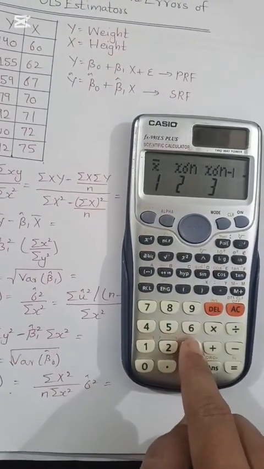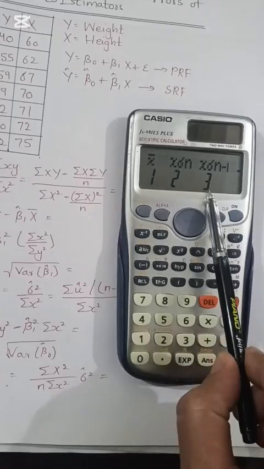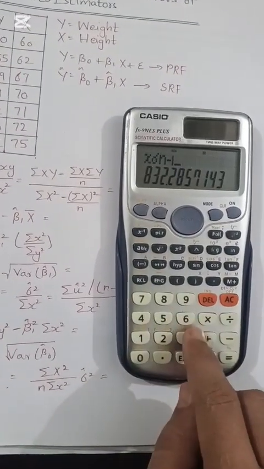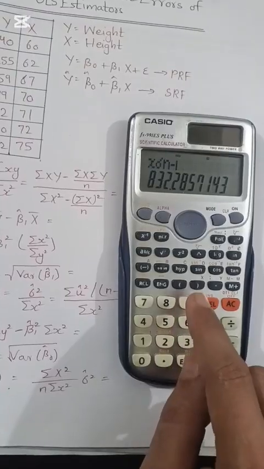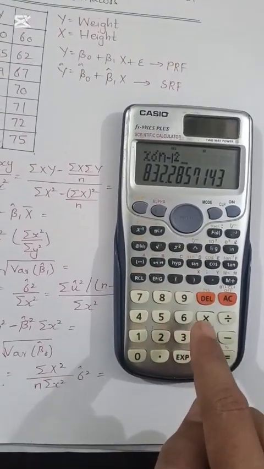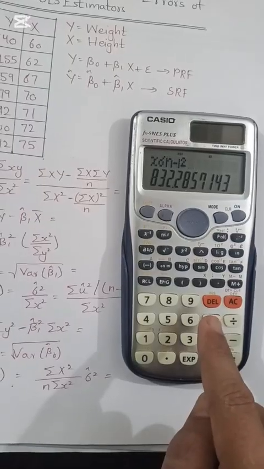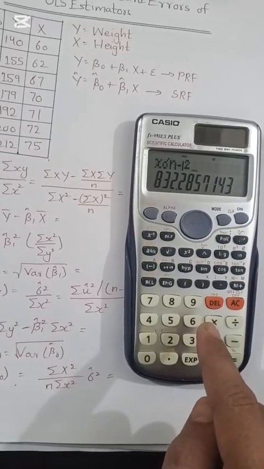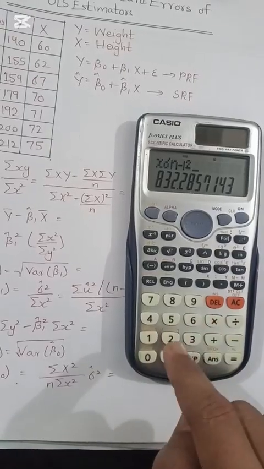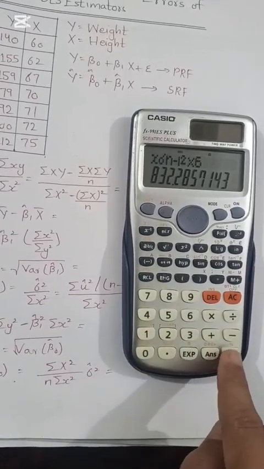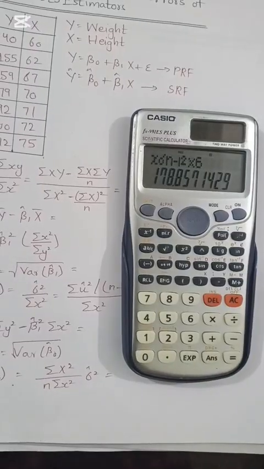Here you can see that at option 3 this is the sample standard deviation of the x variable. So press 3, and since variance is the square of standard deviation, press x square, then multiply it with the degrees of freedom. Degrees of freedom here is n minus 1, so 7 minus 1 which is 6. Multiply it with 6, you get the answer.